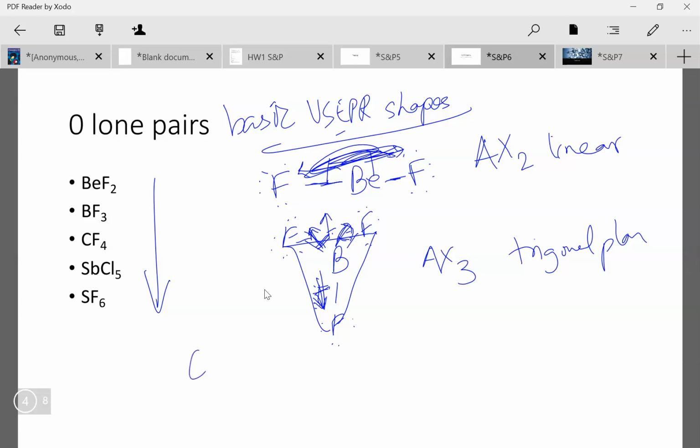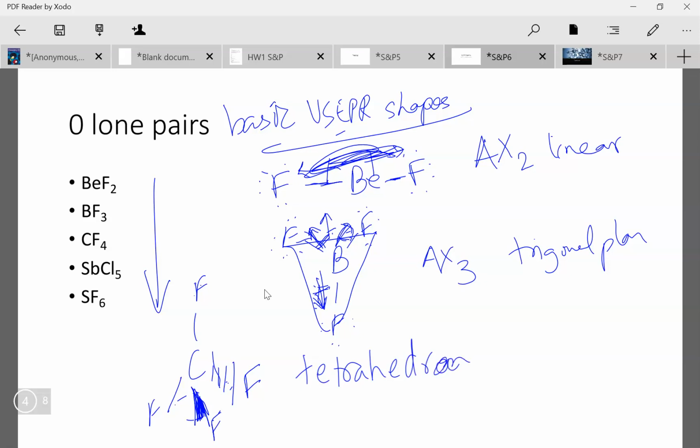Let's do CF4. CF4 has a tetrahedral structure, which means it's 3D, which is indicated by the dashed and the wedged lines, which indicate that this is coming out of the page and that's going behind the page, so to speak. Again, the base is a triangle and here's a pyramid, which is a tetrahedron.